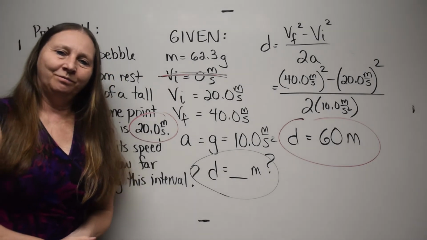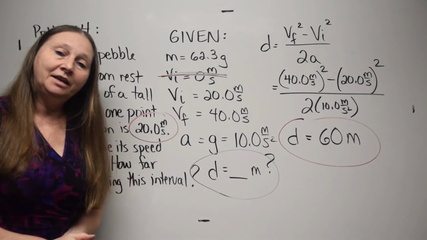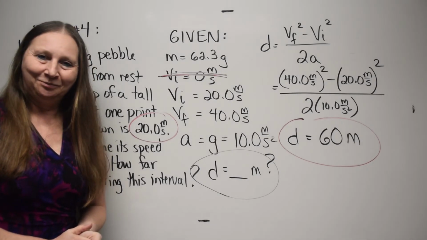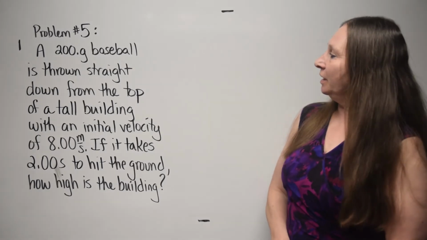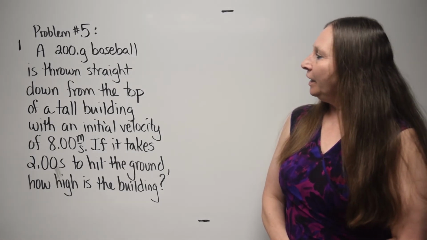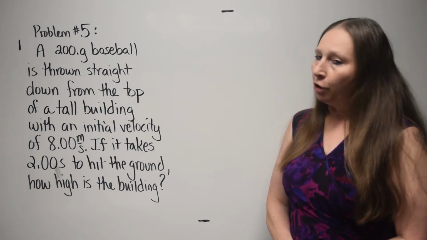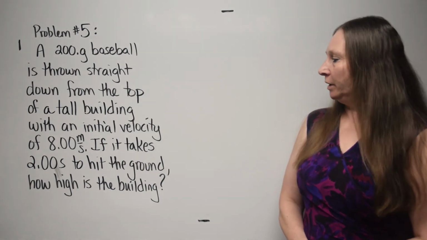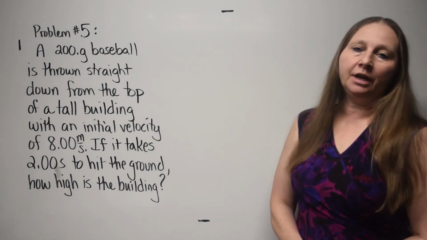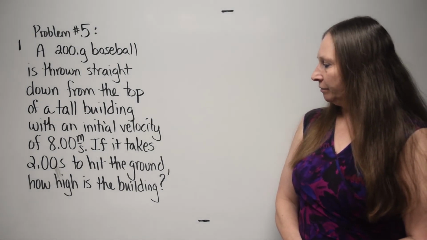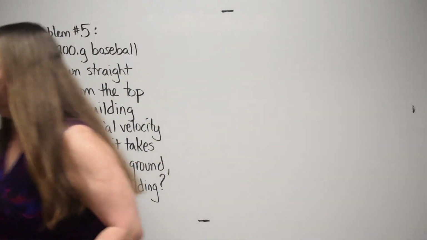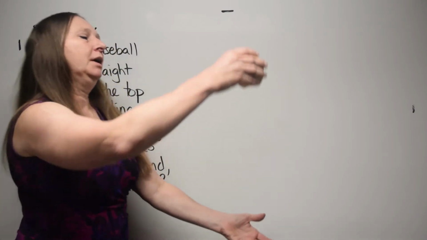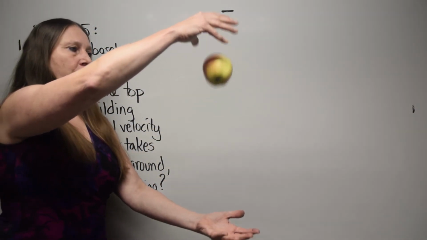One more problem, and I think you're good with the introduction to free fall. Last problem, and it's going to be a little bit different. A 200-gram baseball is thrown straight down from the top of a tall building with an initial velocity of 8 meters per second. What's different here is that the baseball, I have an apple, the baseball is not being just dropped from rest.